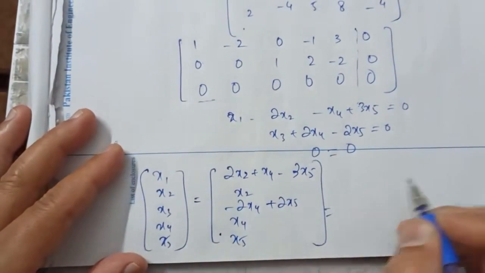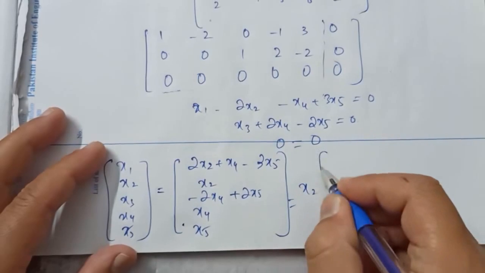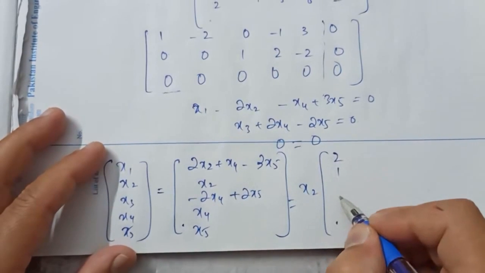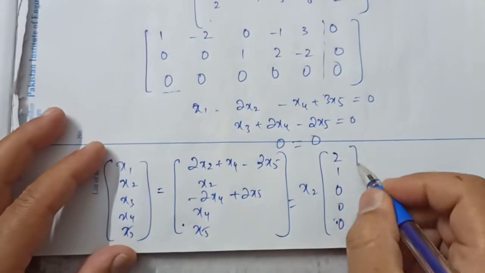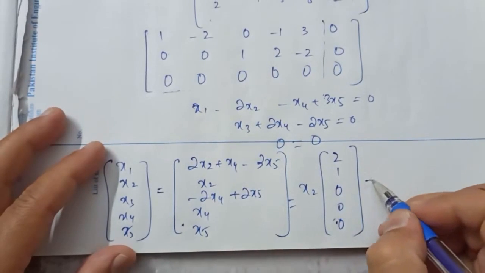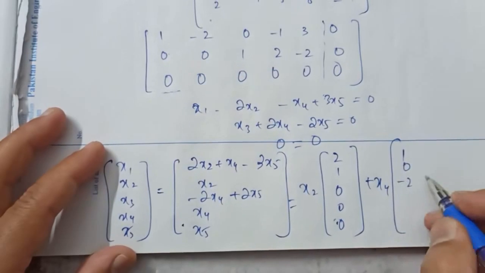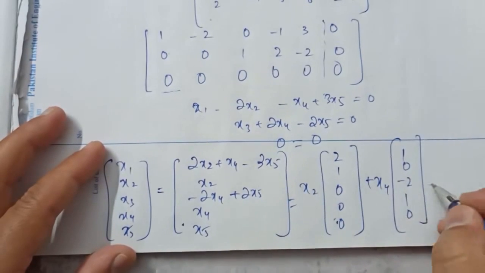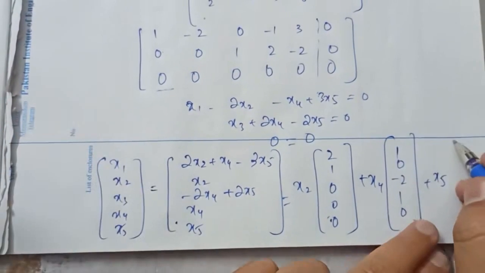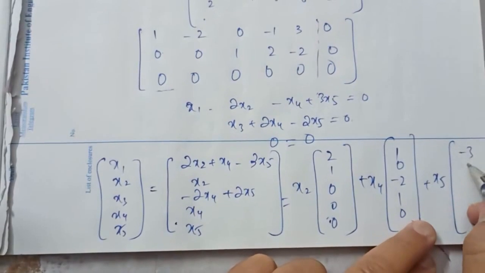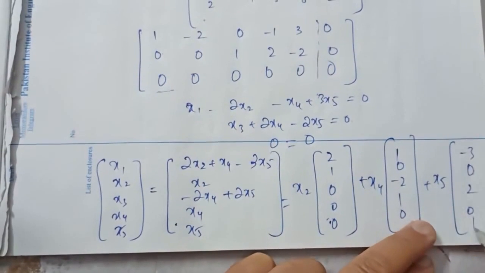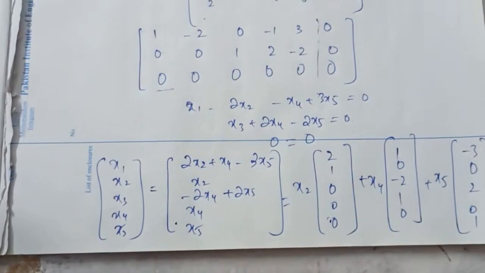I can write this as x2 times (2, 1, 0, 0, 0), plus x4 times (1, 0, -2, 1, 0), and x5 times (-3, 0, 2, 0, 1).